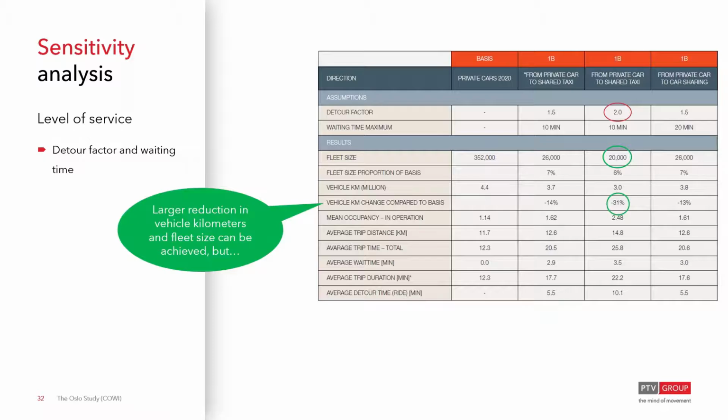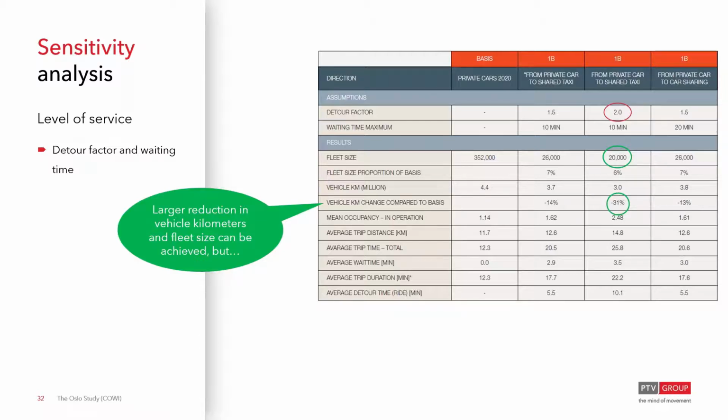This is the main reaction. We only need 20,000 vehicles to deliver the same number of people compared to 26,000, just by changing that detour factor. So already as an operator, you don't have to buy 6,000 vehicles. We also see that the vehicle kilometer changes were brilliant.